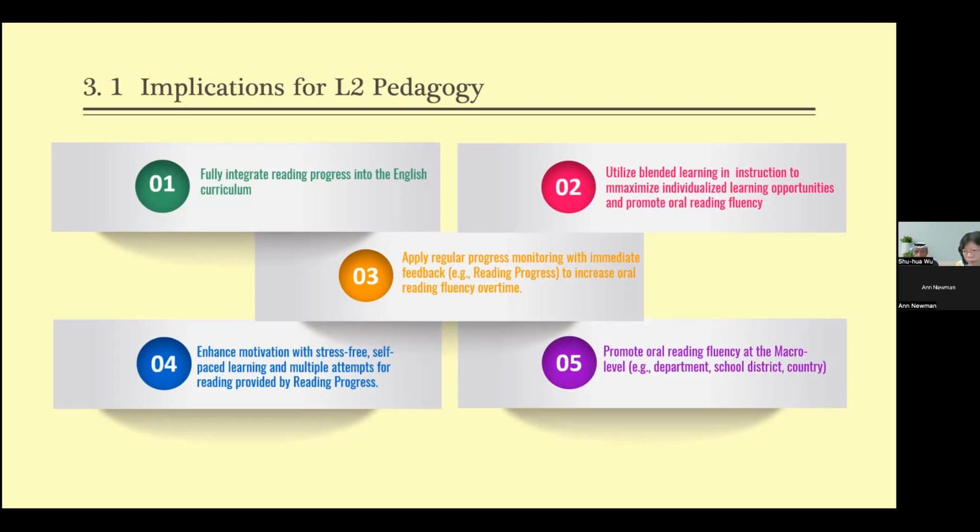So this is the ultimate goal for Reading Progress that we envision can be a very good help, because our students' reading scores are not that high nationally. So this program can in fact enhance their scores and improve their reading skills, especially their reading comprehension.